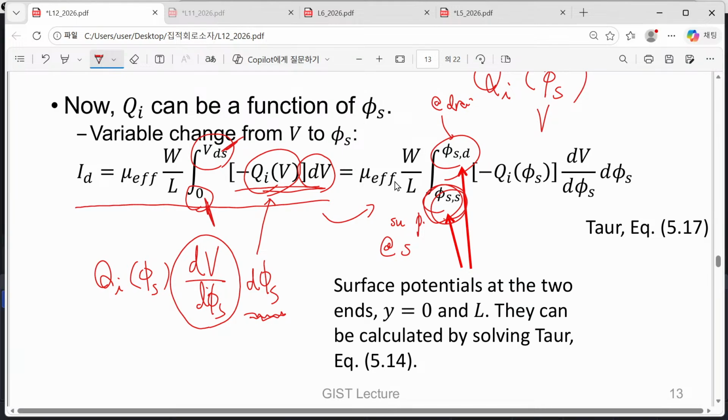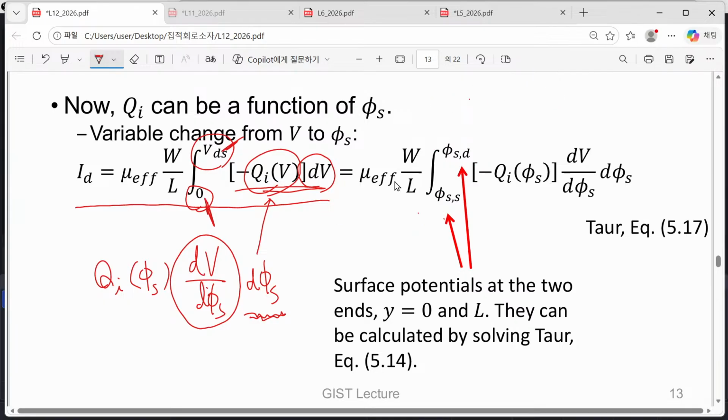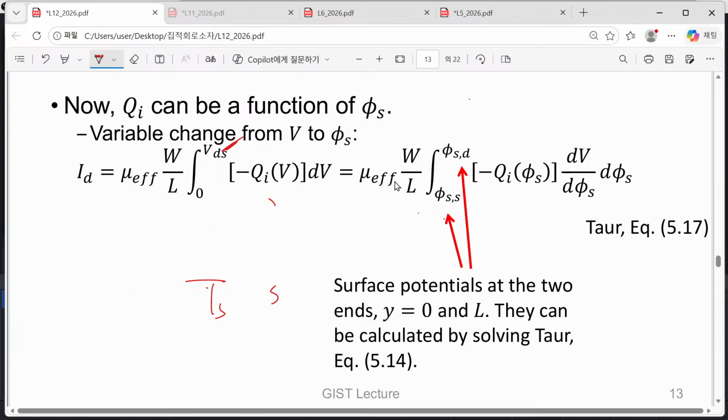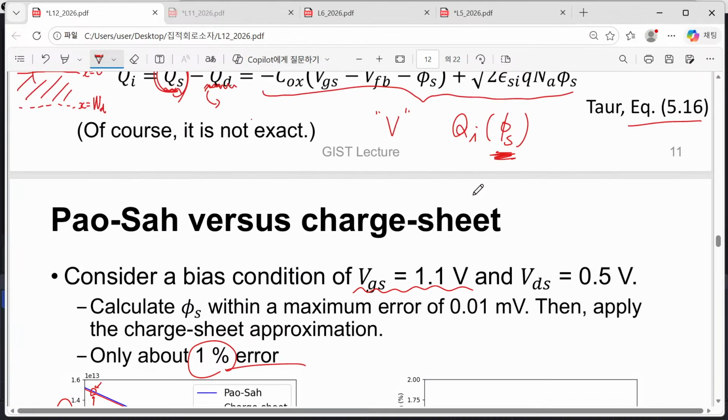Then after that, everything is just equivalent. Please remember, its form was amazingly simple. Q sub I is now so simple.